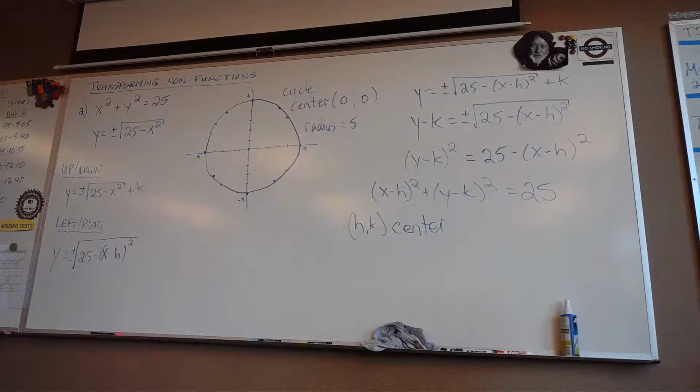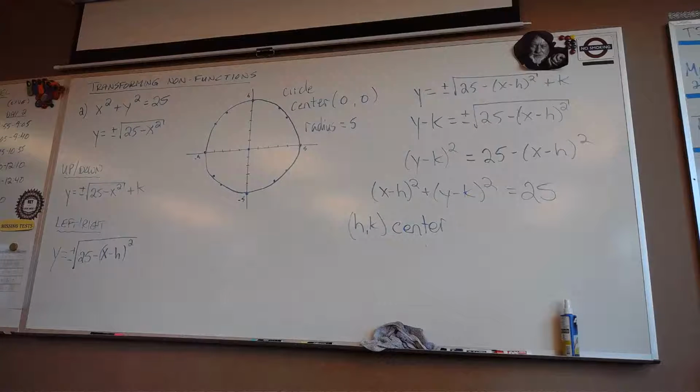Vertical. Remember, if I put a stretch factor, I'm stretching it this way, right? The bigger my number, the taller my parabola. The bigger my number, the taller my cubic. The bigger my number, the taller my absolute value function.